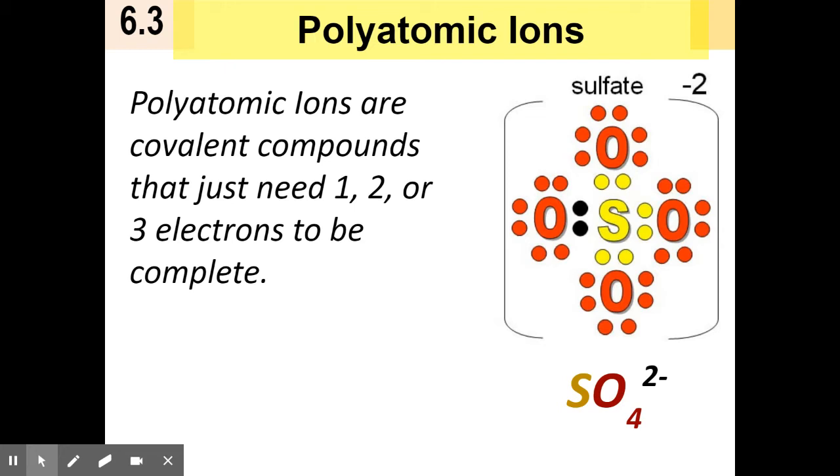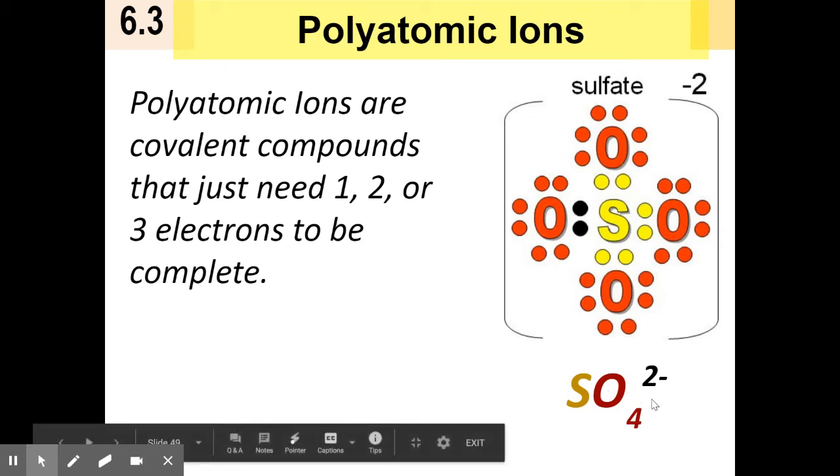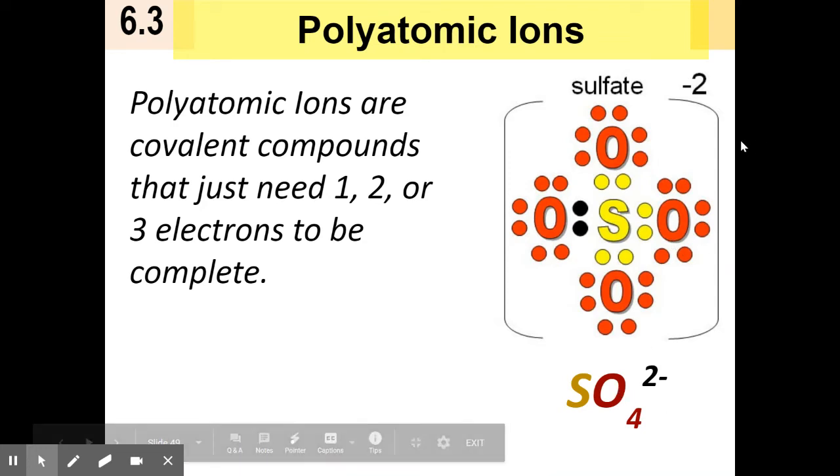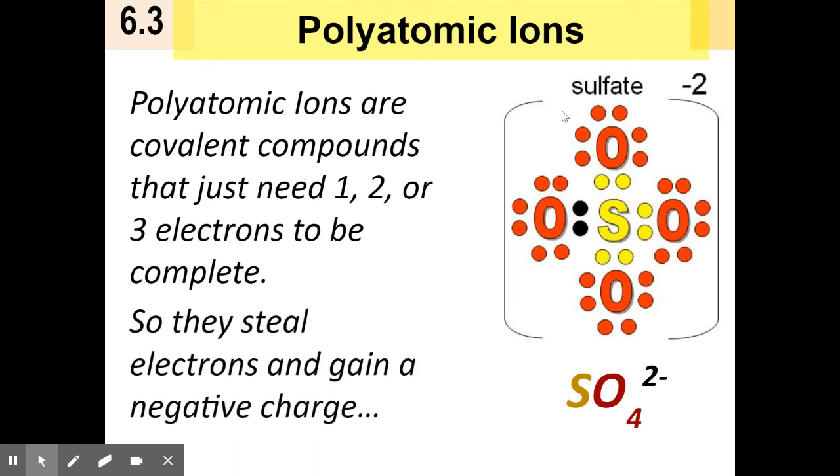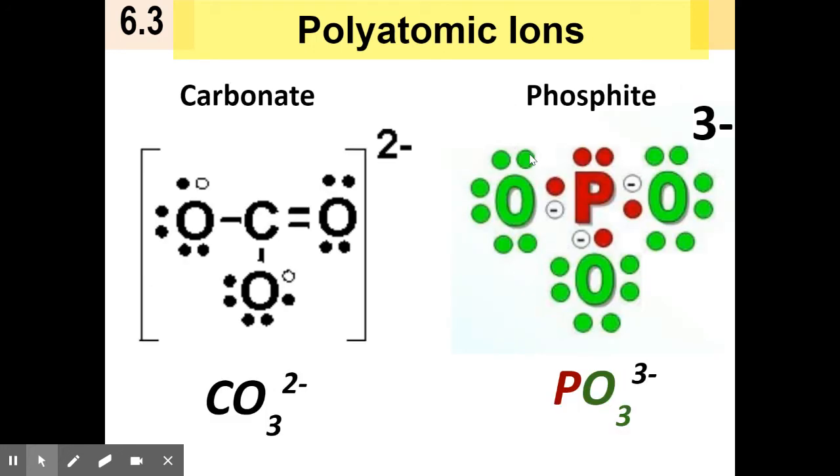But if you were able to insert 2 extra dots representing 2 stolen electrons, all of a sudden you can do sulfur tetraoxide. So it exists as a molecule, but only if it can steal 2 electrons. And when it does, we give it a new name. We call it sulfate.